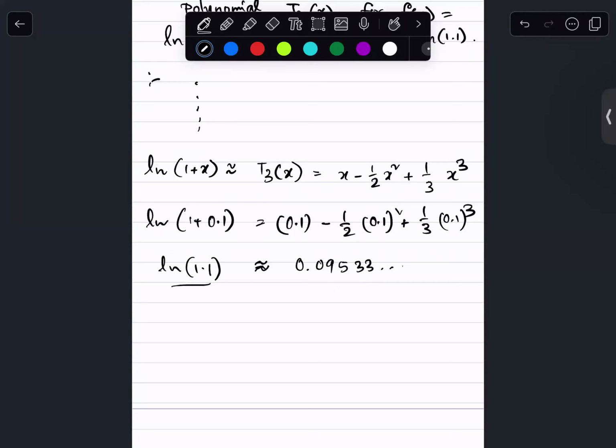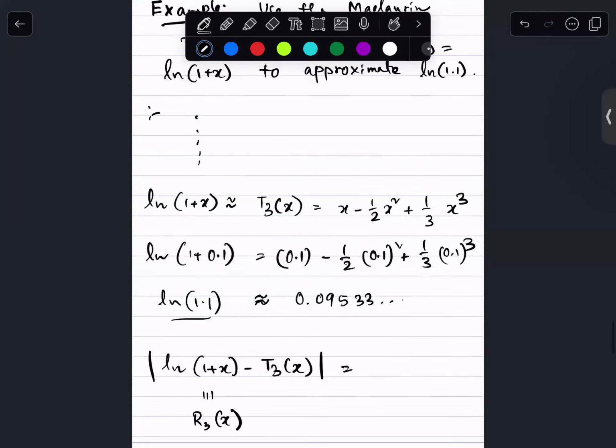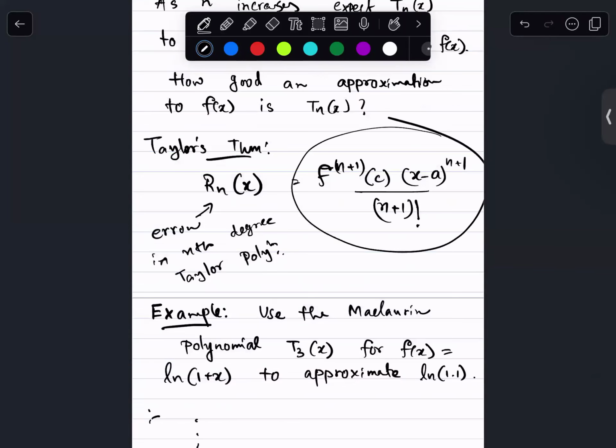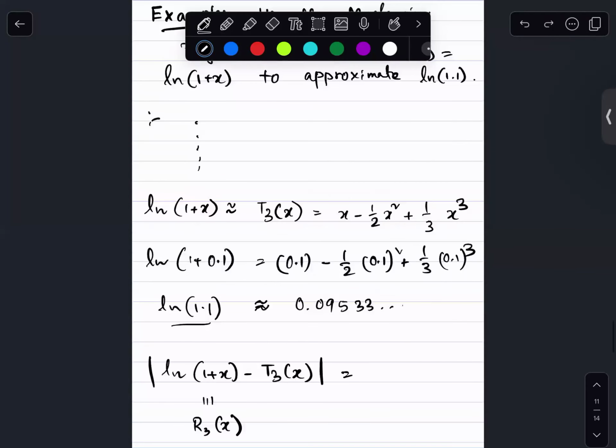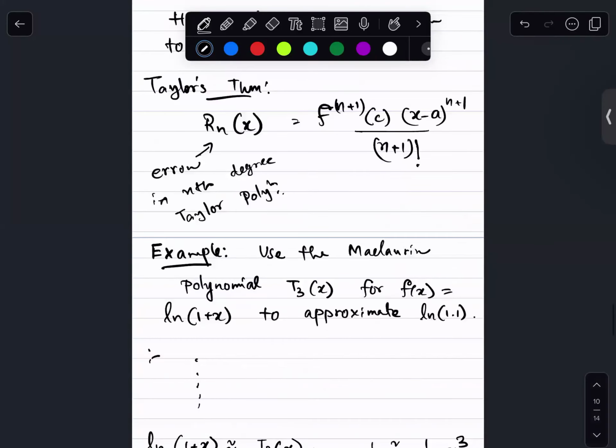So we know that ln(1 plus x) minus T_3(x) is nothing but R_3(x), right? This is by the formula that I mentioned here. This is the fourth derivative of f at c. There's a modulus, right? Oh, okay. I missed the modulus somehow.